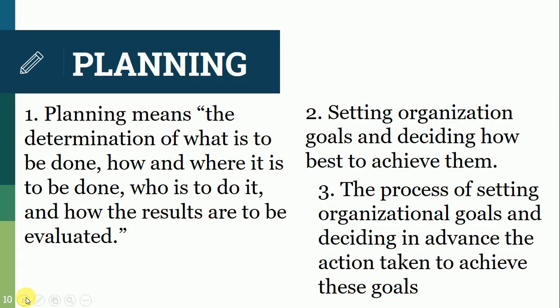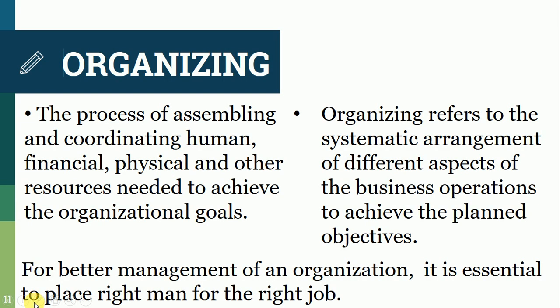Organizing is the process of assembling. Assembling means getting together, putting together, or bringing together. So we assemble and coordinate the human, financial, physical, and other resources needed to achieve the organizational goals.